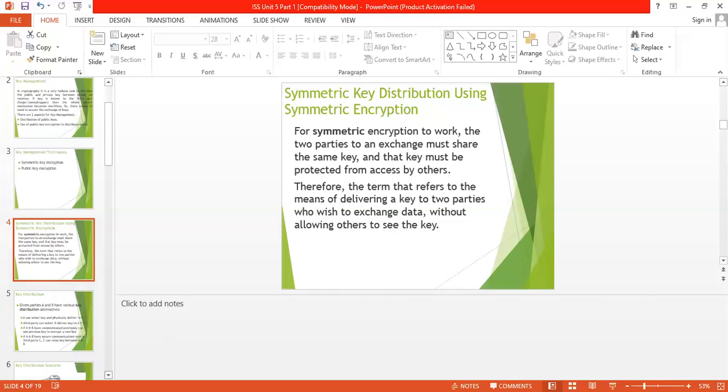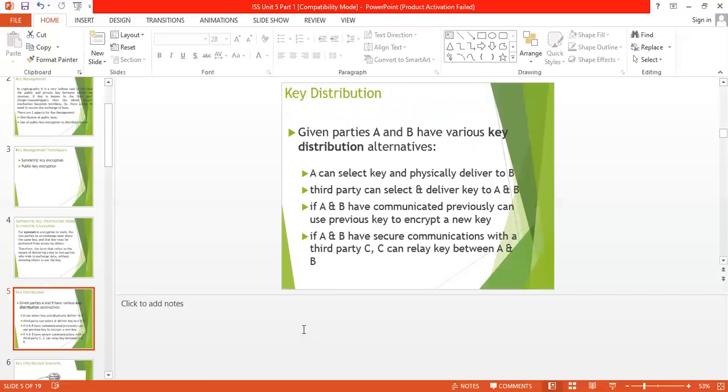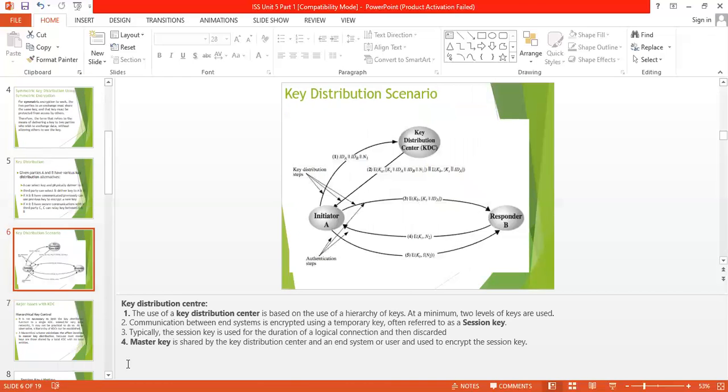To implement the symmetric key, we have some different terms. First of all, there is key distribution, also called the KDC. The use of a key distribution center is based on the use of a hierarchy of keys. At a minimum, two levels of keys are used.